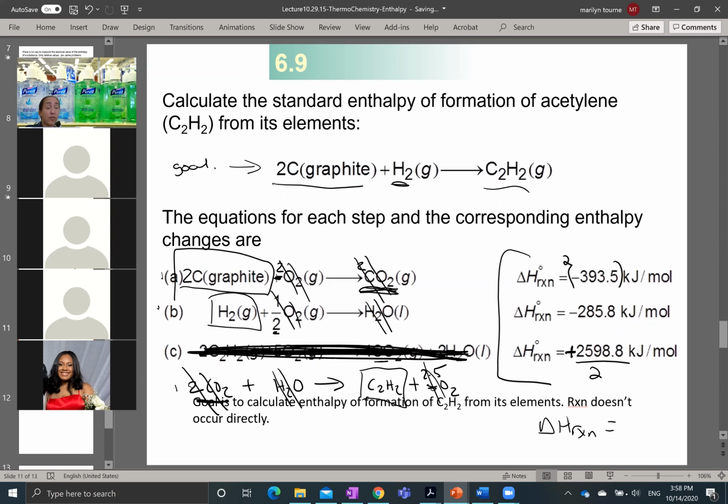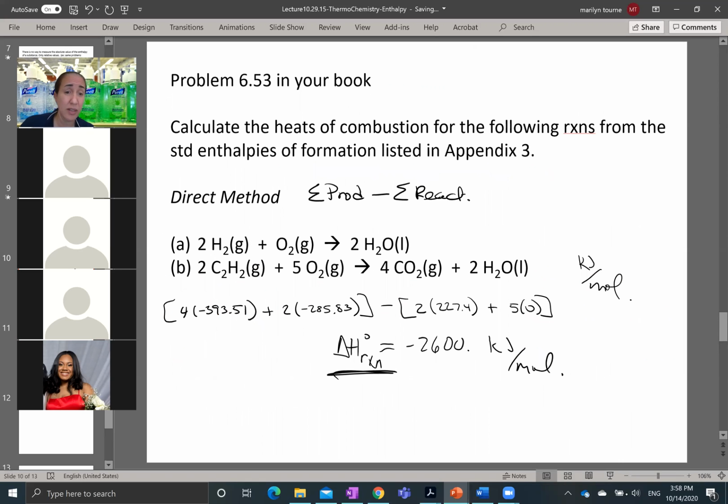And I don't know if you noticed, but the question was asking to calculate the standard enthalpy of formation for acetylene, C2H2. Do you remember that we've seen acetylene before, in the direct method, where someone looked this up?